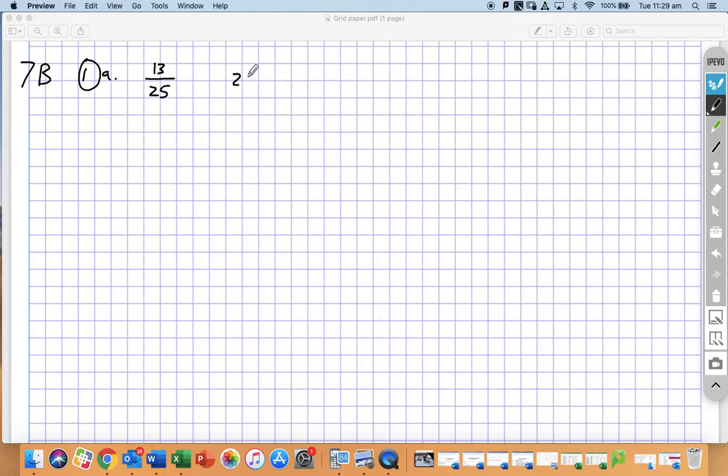If we were to do this division like so, we say how many times does 25 go into 13? Well, it doesn't. But if I made this 130, how many times does 25 go into 130?